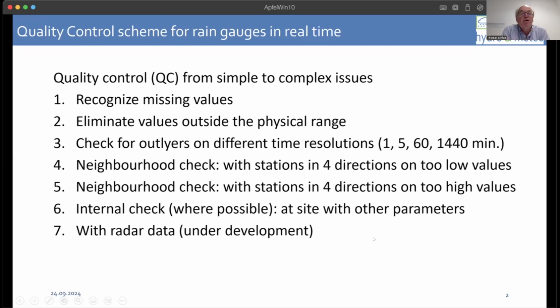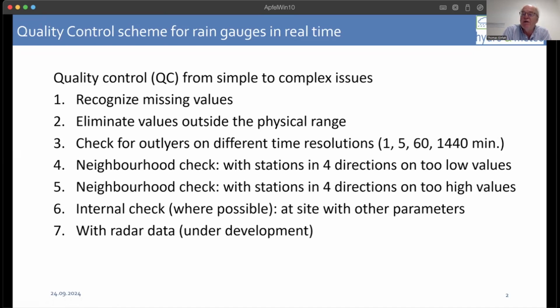And finally, what can also be done for controlling rain gauges is using radar data. And this is something which currently is under development at our company.